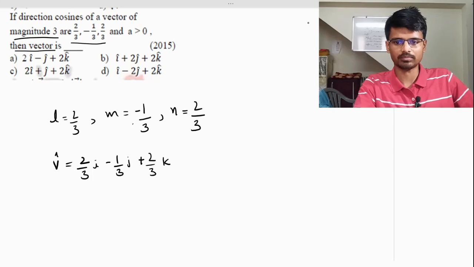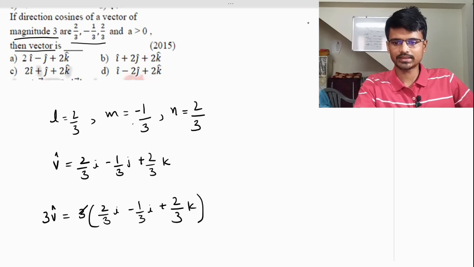So it has got a magnitude of 3 units, so 3 times the unit vector. So that will give me... right, so the 3 gets cancelled. I am left with 2 i cap minus j cap plus 2 k cap.